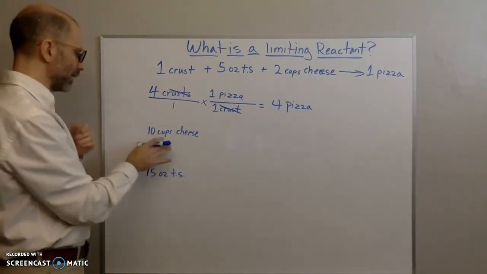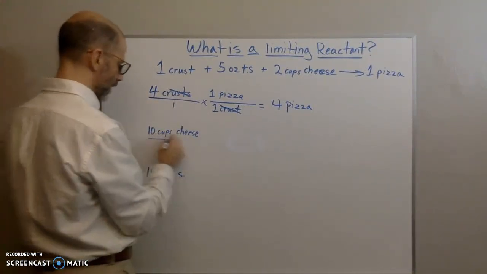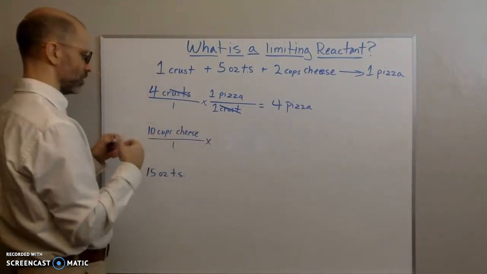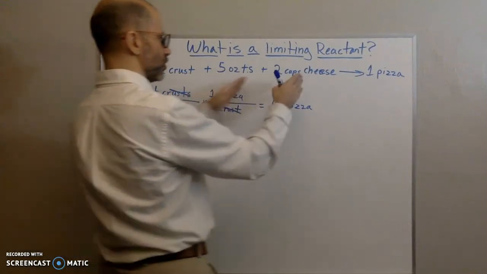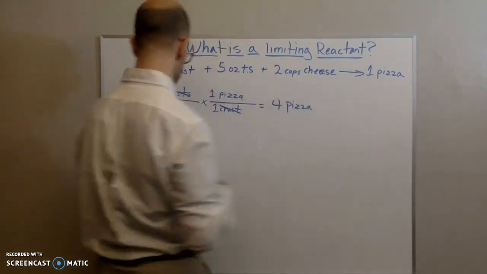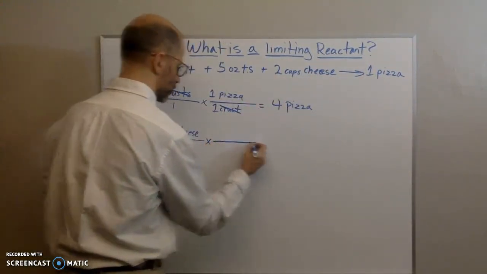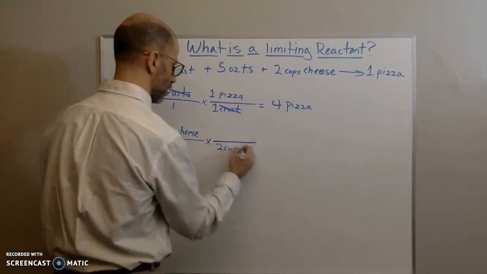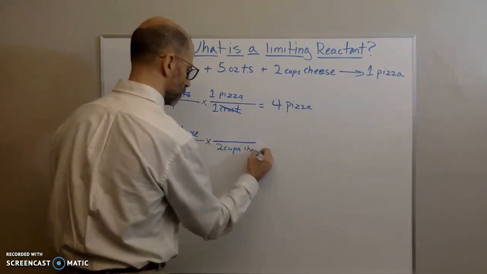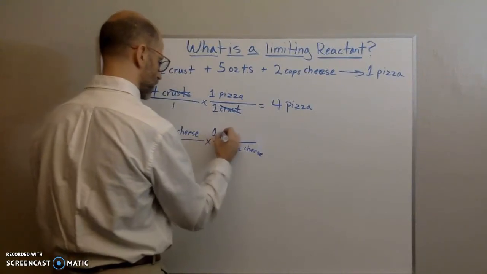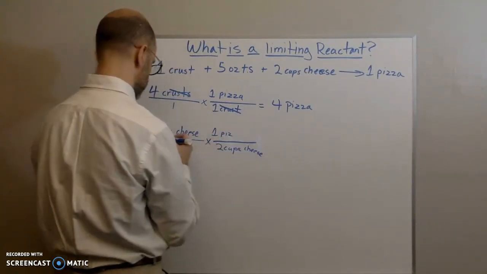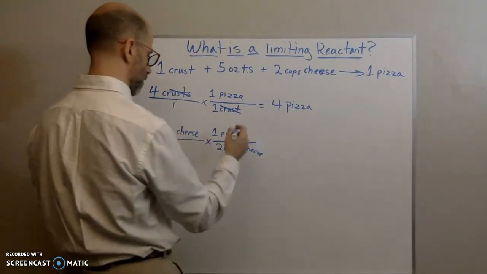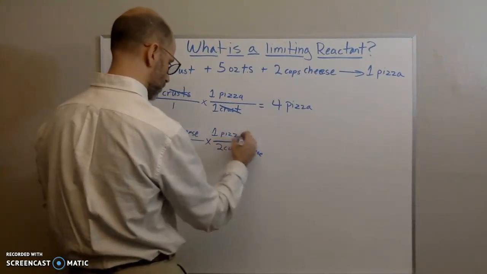Okay. What about my 10 cups of cheese? I can convert that to pizzas using the ratio in my equation. For cups of cheese, it's 2 cups of cheese for every 1 pizza. So I'm going to use that ratio as a conversion factor. 2 cups of cheese is going to go on the bottom, and 1 pizza will go on top.